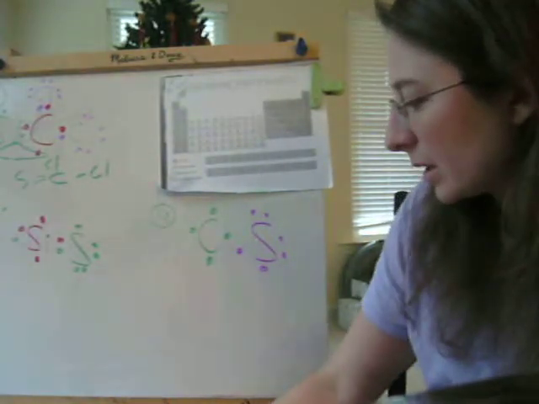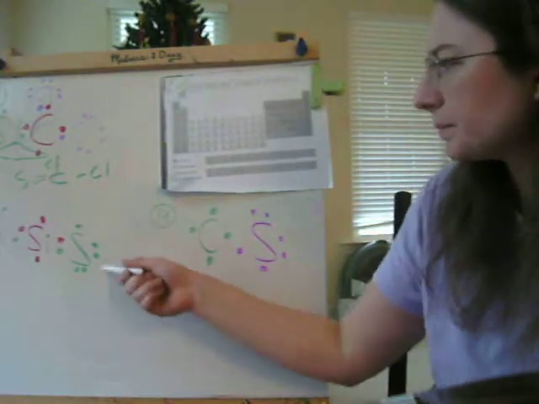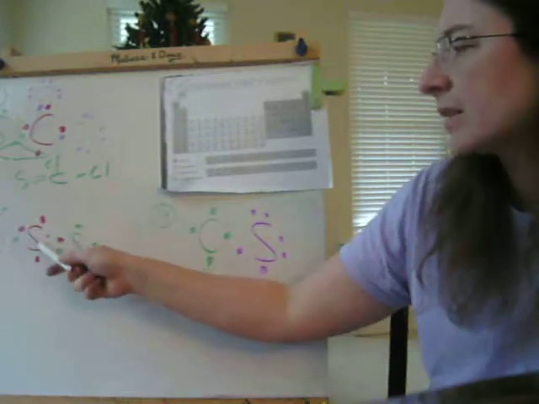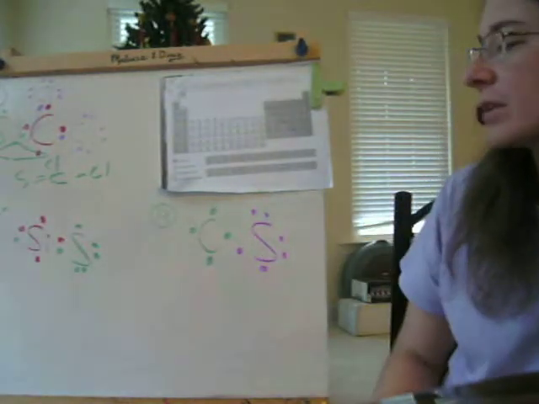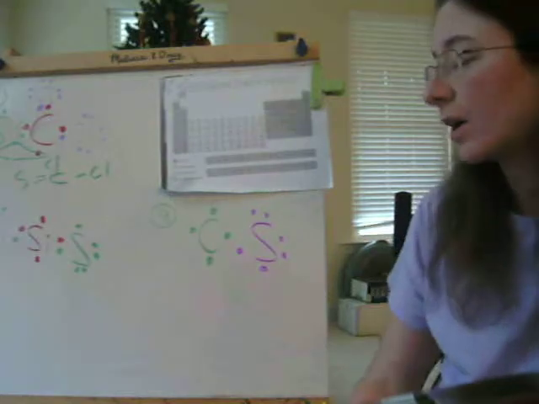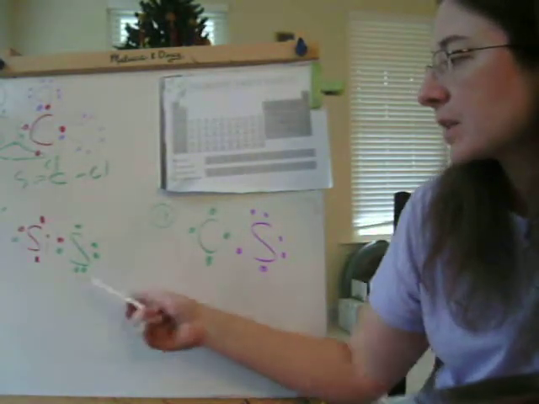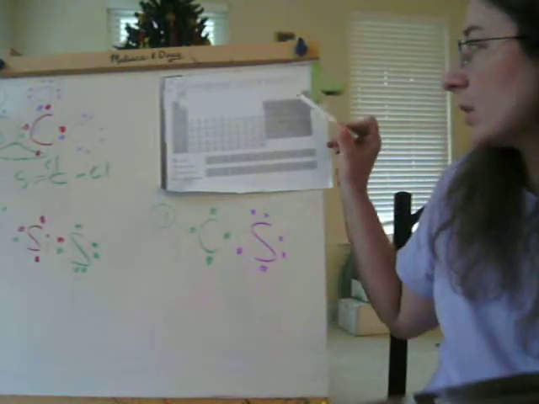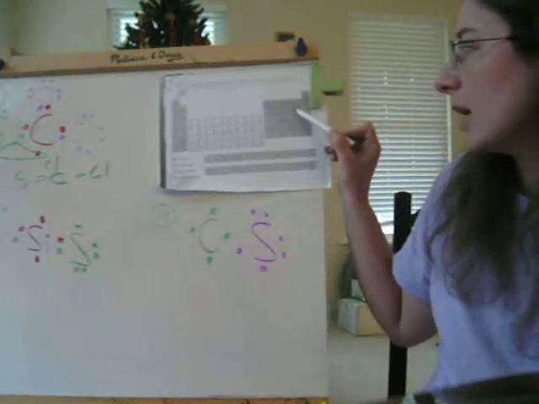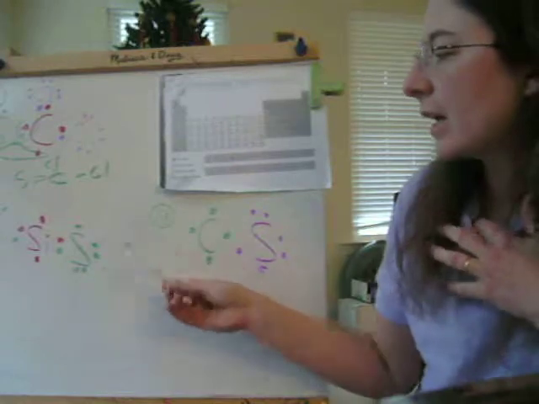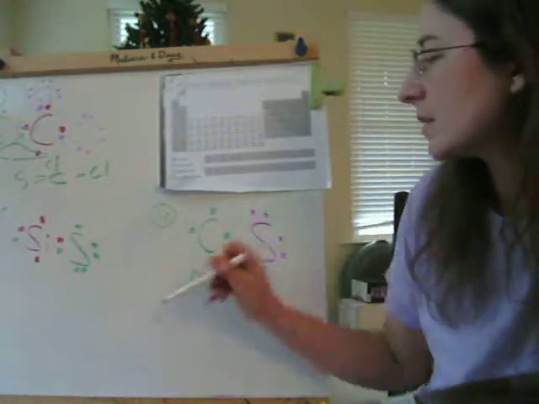So then down here, if you look, we've got silicon with 2 sulfurs, so that would be called silicon disulfide. You have to use the prefixes since it's a covalent. Silicon has 4 in its valence, just like carbon, and then sulfur has 6 in its valence.